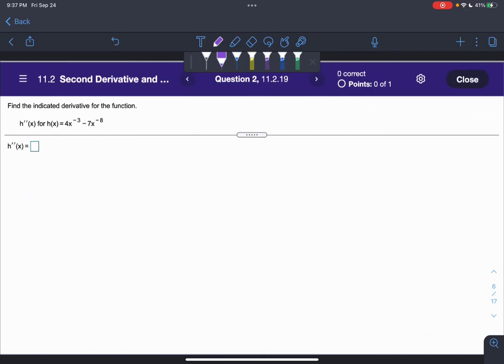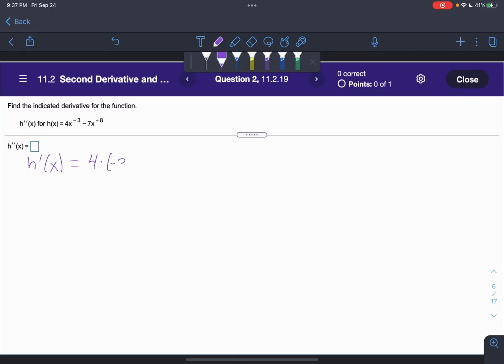Okay, for this next one, we have 4x to the minus 3 minus 7x to the minus 8. Again, we can separate it. Let's find h prime first. Separate each term, and we're using the power rule.